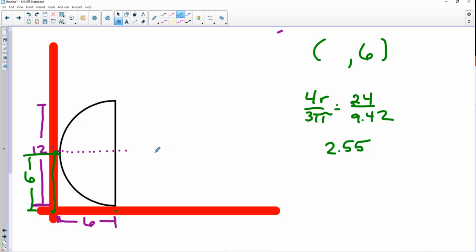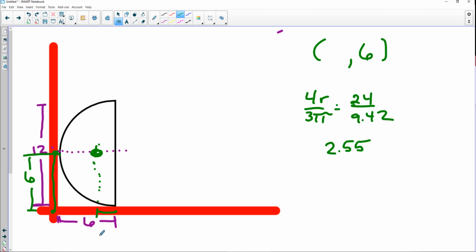It's somewhere on you. So the center of gravity has to be somewhere on the shape. So we're going to start at the base, and we're going to go in 2.55 towards the shape. Basically, our centroid would be here.